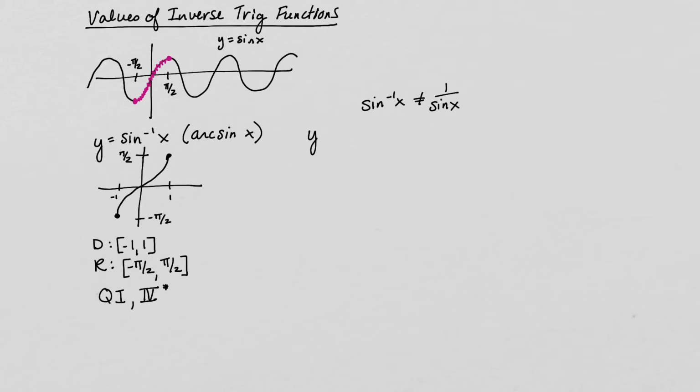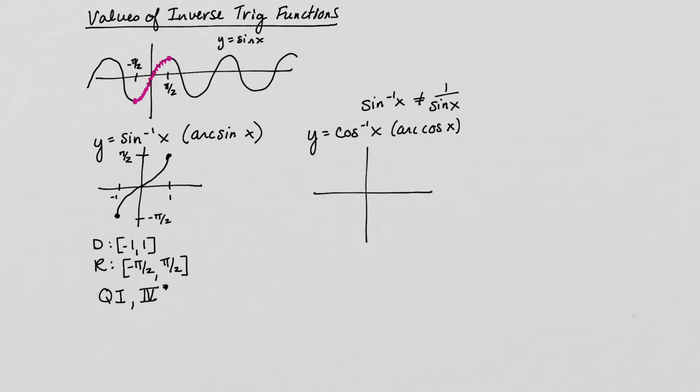We can also look at y equals the inverse cosine of x. Again, that's not 1 over the cosine. You could also write it as arccosine x.